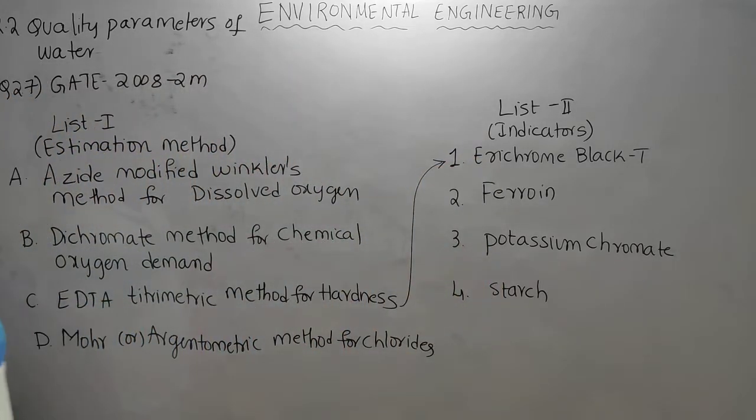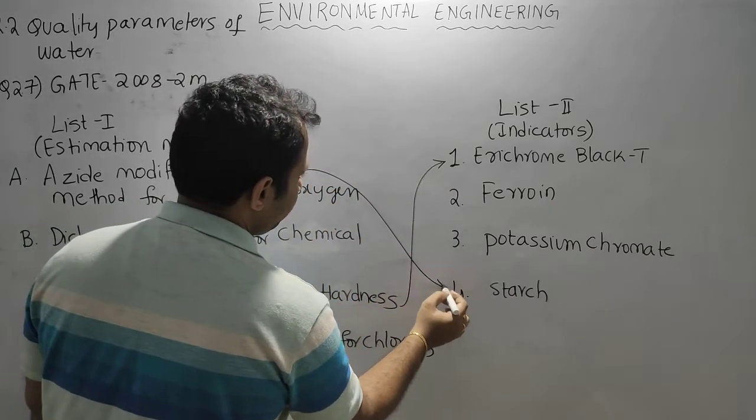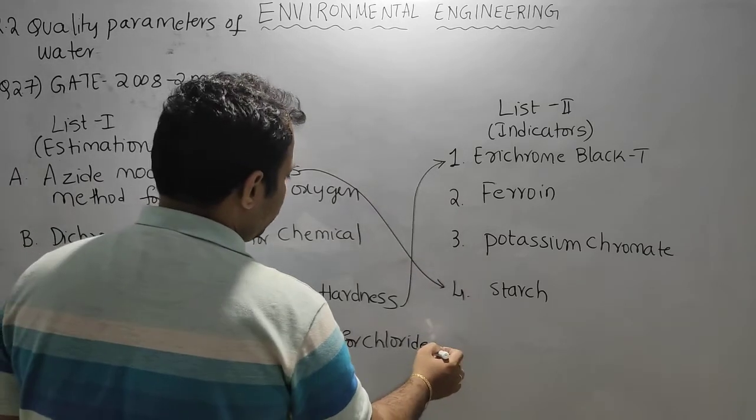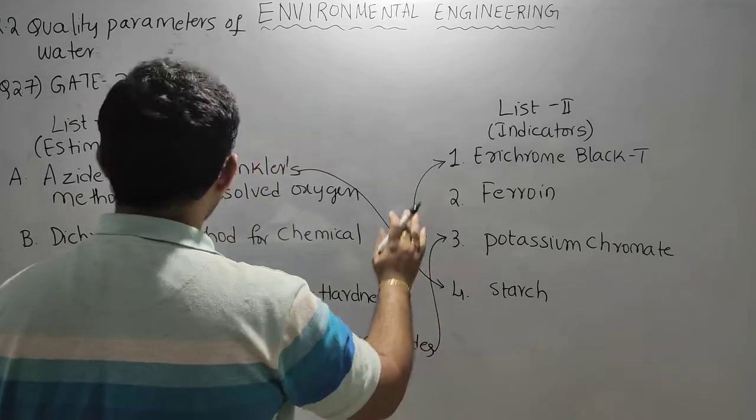And here for Winkler's method, the indicator is starch. We know this also. And here Mohr method. For Mohr method we use potassium chromate as indicator. These three we already discussed.